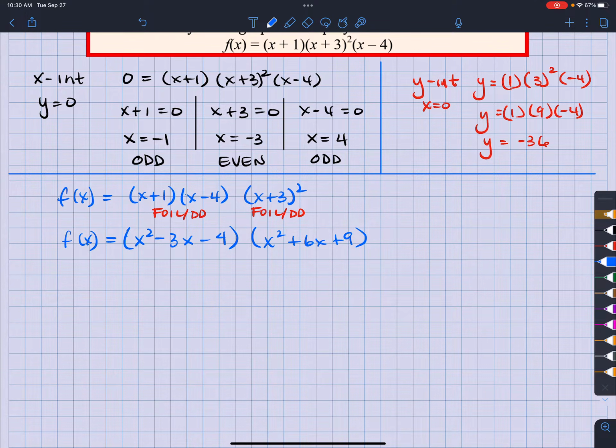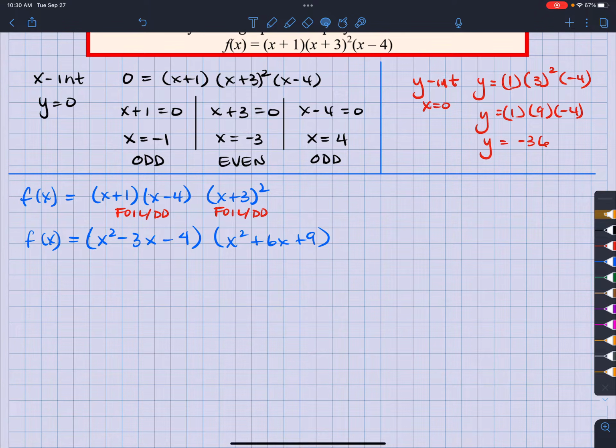So I've got to go even further. Let's do this math over here to the right, because I'm going to distribute this x squared. I'm going to get x to the 4th plus 6x to the 3rd plus 9x squared.